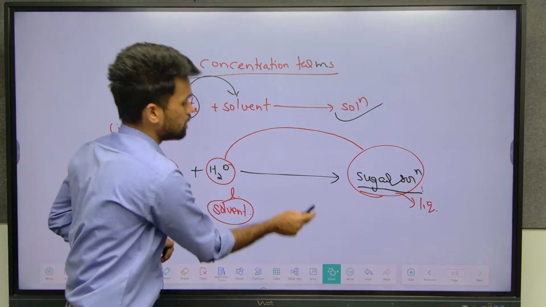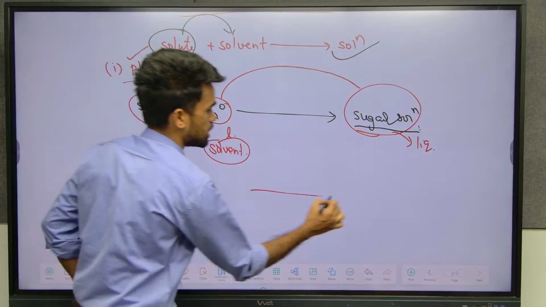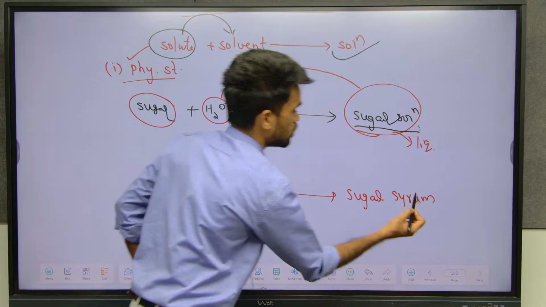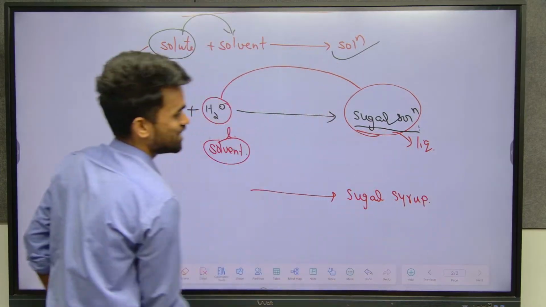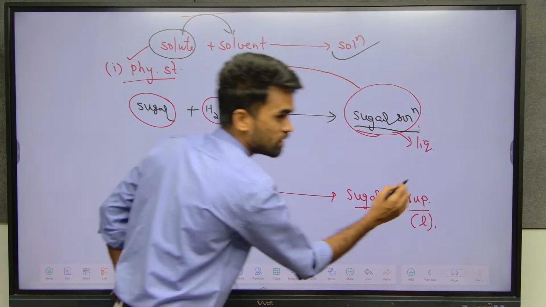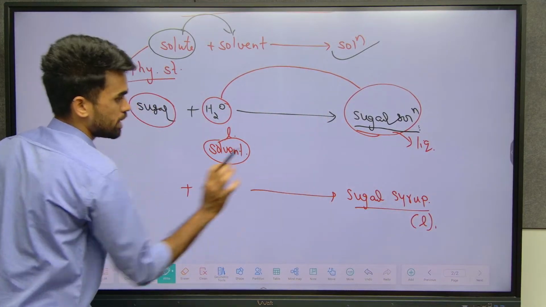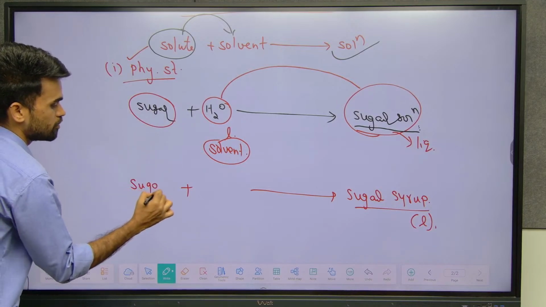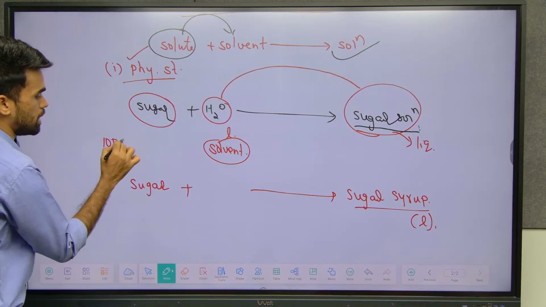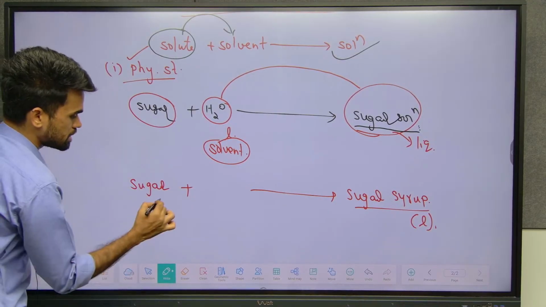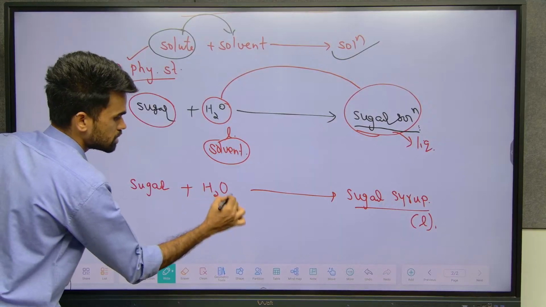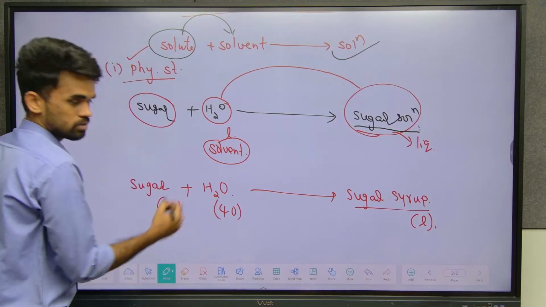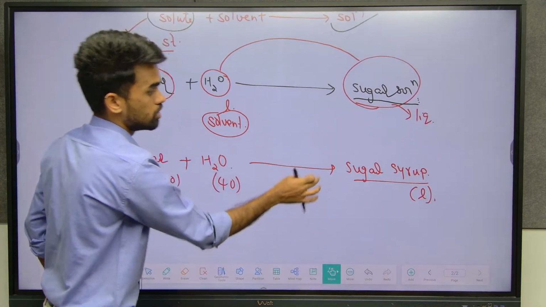Now look at this. I am making sugar syrup, which will be in the liquid state only. To make sugar syrup, say for making 100 ml or 100 grams, I will take 60% sugar and 40% water to make 100% sugar syrup.